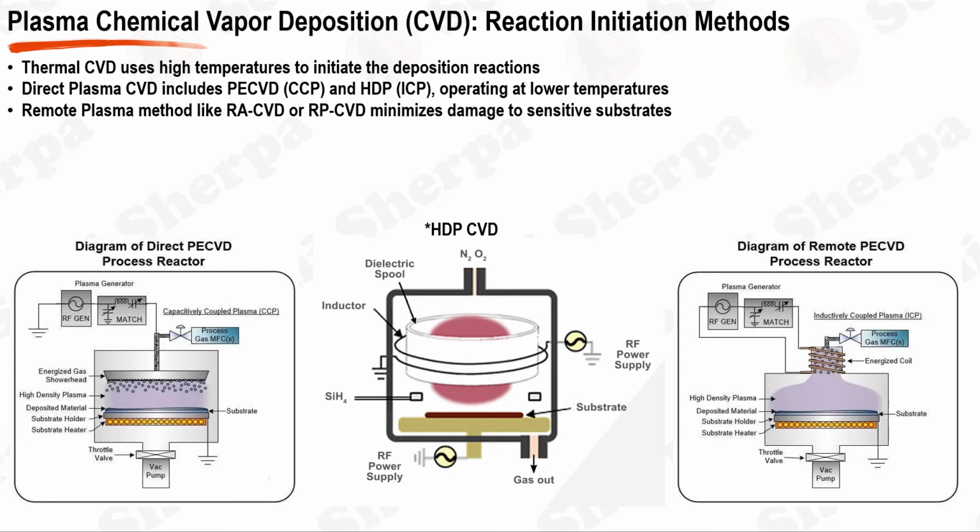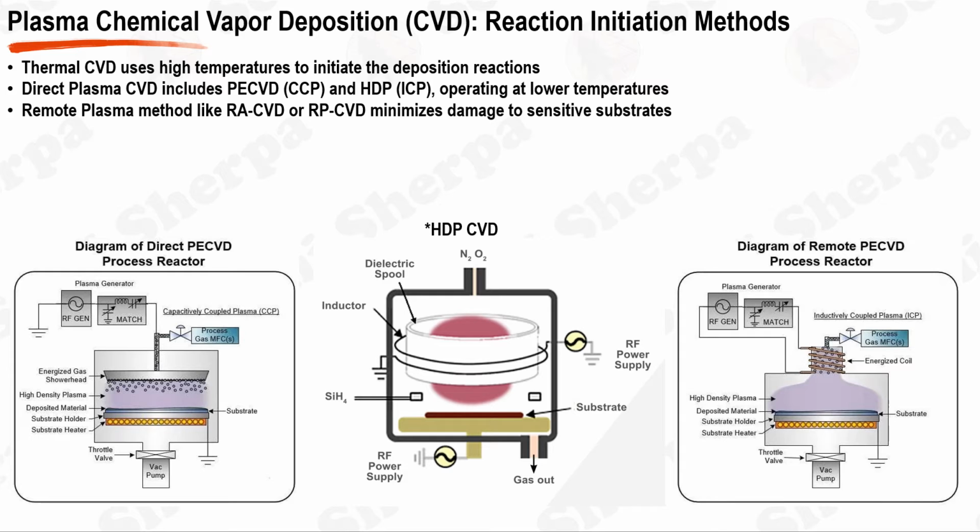The energetic species from the plasma, typically radicals, are then transported to the main reaction chamber where they react with a precursor to form the film. By separating the plasma generation from the deposition process, remote plasma methods can minimize damage to the substrate from high-energy ions and electrons, providing a gentler deposition process suitable for sensitive materials.